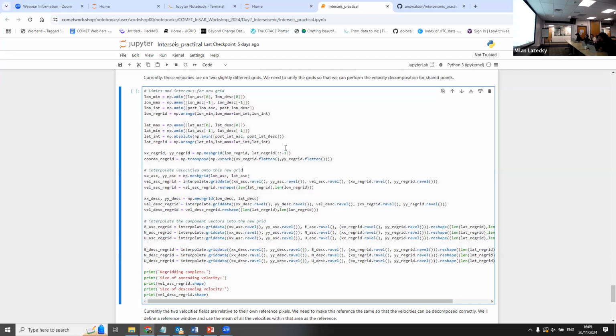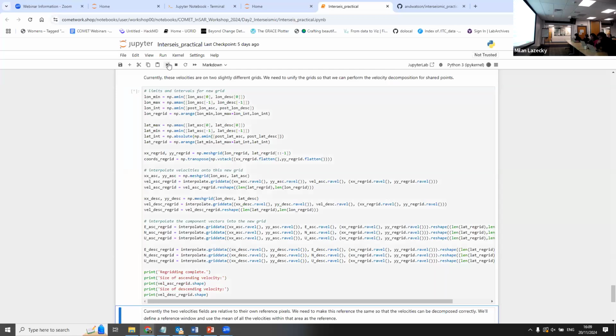Let's run this. But before that, we need to make sure that the grids are the same, because the ascending velocities and descending velocities may be on different grids. So you should regrid the velocities to make sure that you can perform the velocity decomposition for shared points.